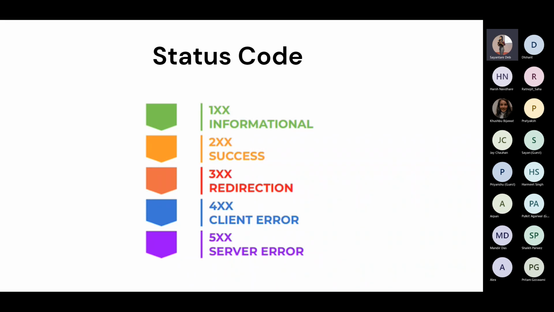Then comes redirection 3xx. Well, there are similarly status codes like 301, which means moved permanently. 302 means found. And all the information about other status code you can easily find in the Medium blog that I have asked you to scan the QR code in previous slides.